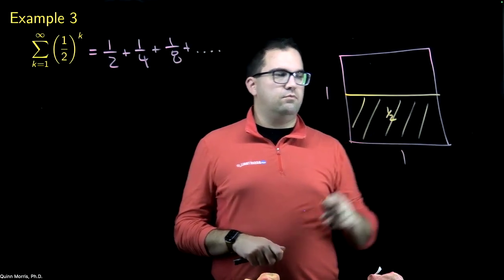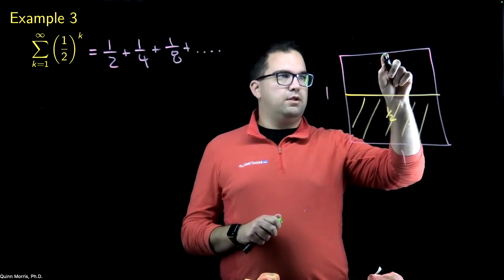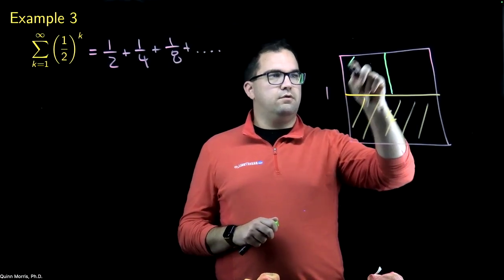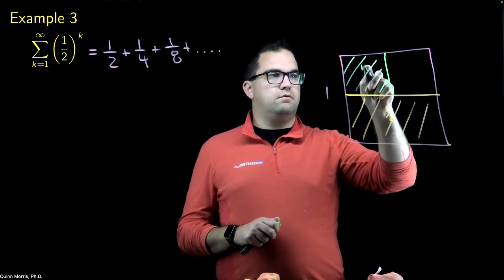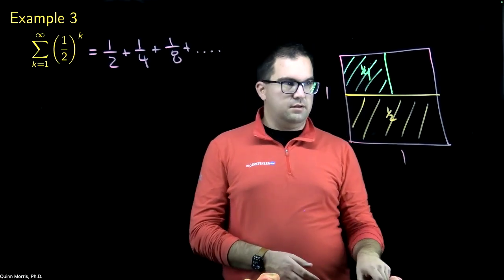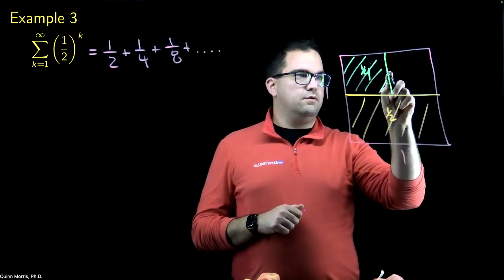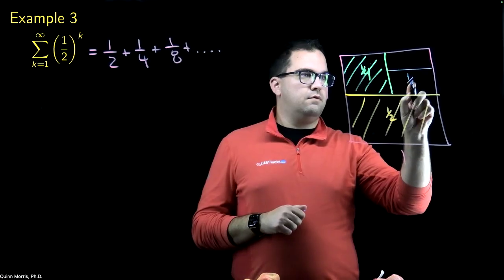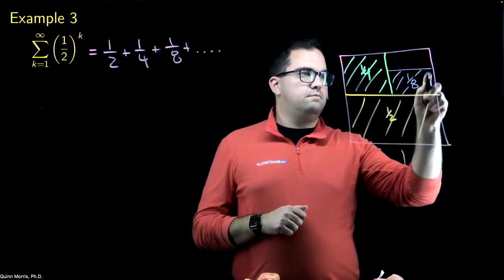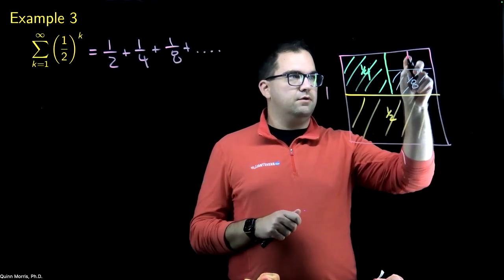So there's area 1/2 there. And then I could come up here and put in area 1/4 here. And then I could put in, say, an area of 1/8 here. And then, say, 1/16 here.